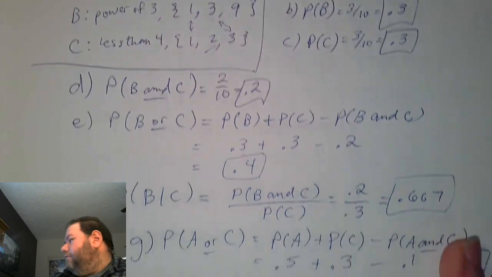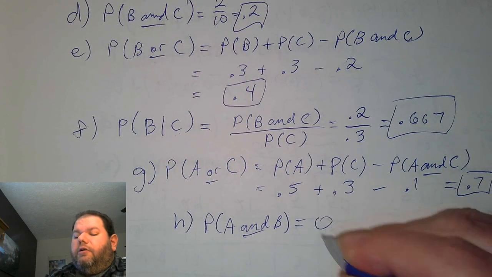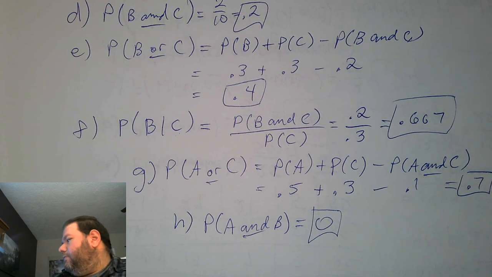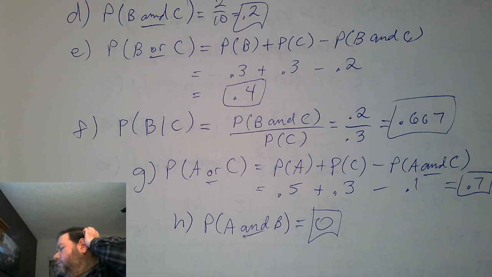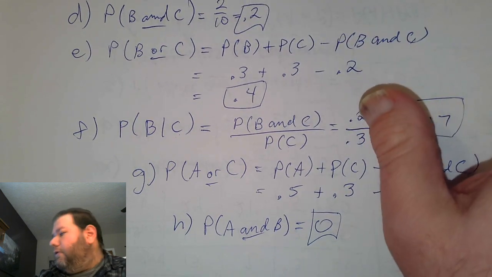So with 0 numbers in common, our probability of that occurring is 0. Okay. That takes care of number 4.